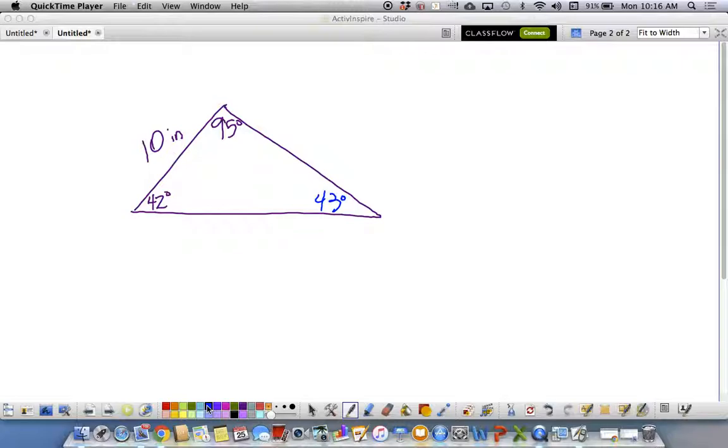I love it. Okay, so if this was a right triangle, what would we use? We would use sine, and we would have an opposite over hypotenuse, or an opposite over adjacent, and we would use a tangent or a sine or a cosine.